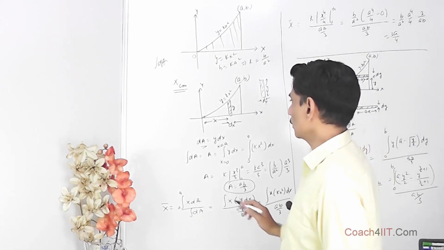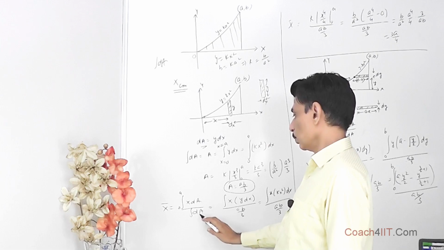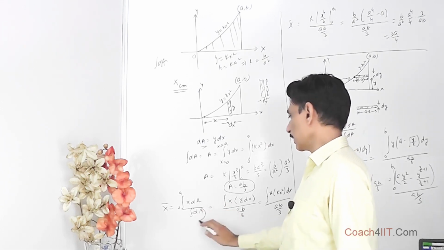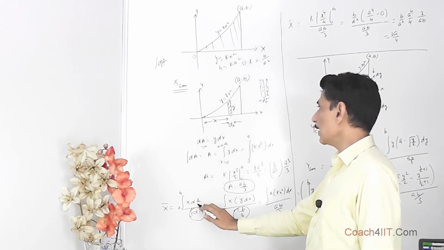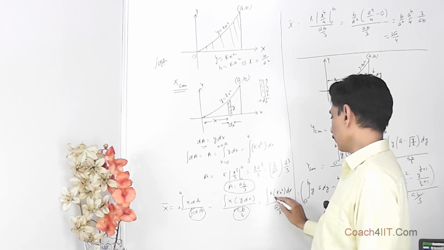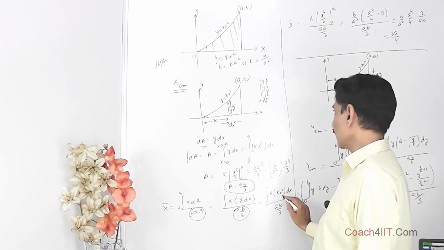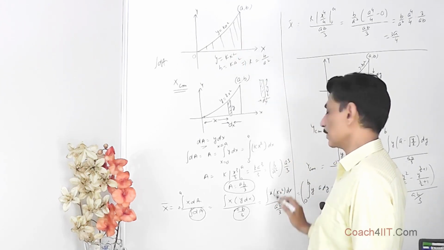Now let's use this formula, xcm is going to be integral x dA over integral dA. Integral dA we have found, that is ab by 3. X into dA. dA is what? Differential element of this area, that is y into dx. We replace y by kx square, where k is constant.